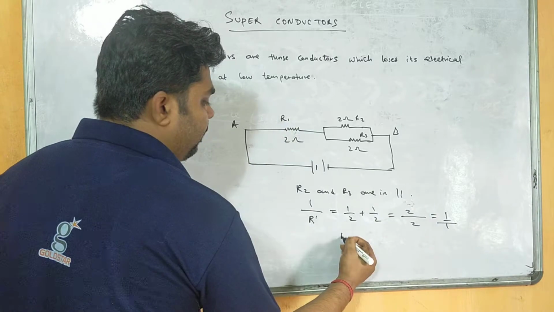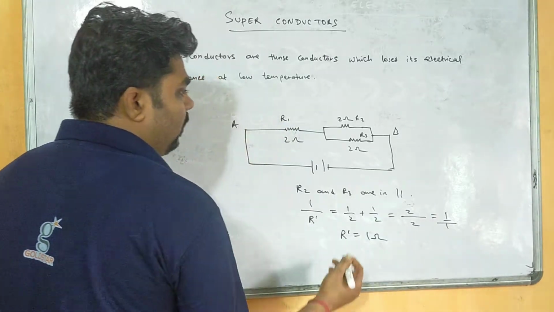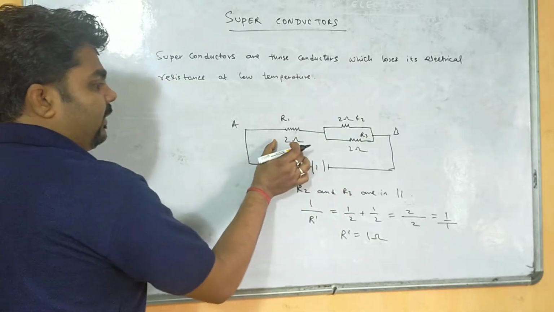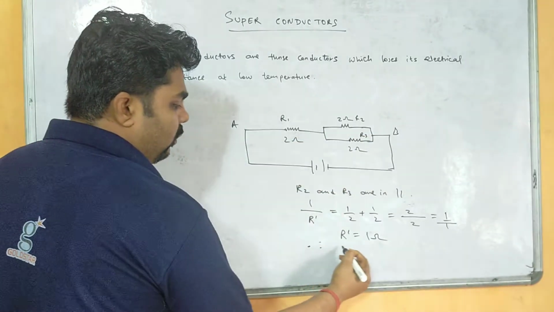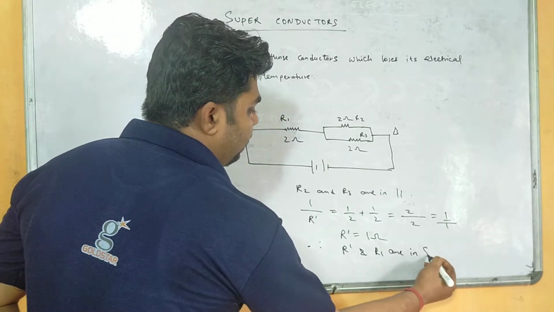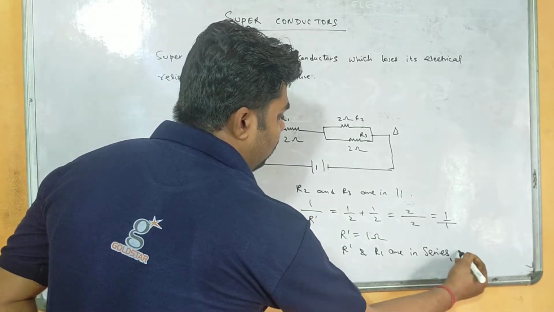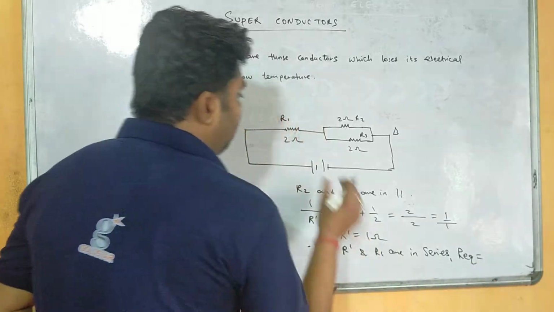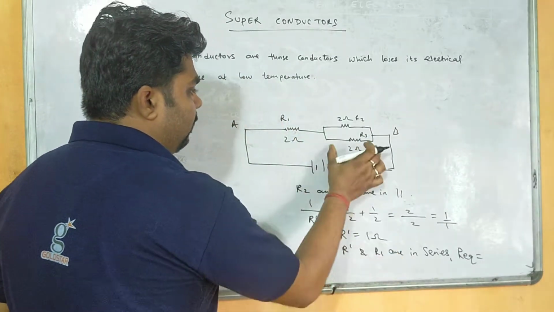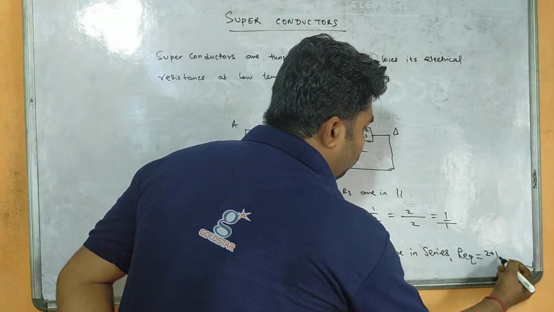If you cross multiply, R dash equals 1 ohm. Now this total answer became 1 ohm. Now this 1 ohm and R1 are in series, therefore R dash and R1 are in series, and we know R equivalent will be, series means the sum, so 1 plus 2, or 2 plus 1, that is 3 ohm.